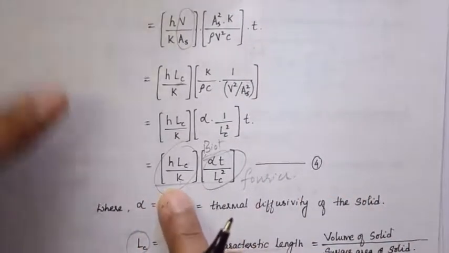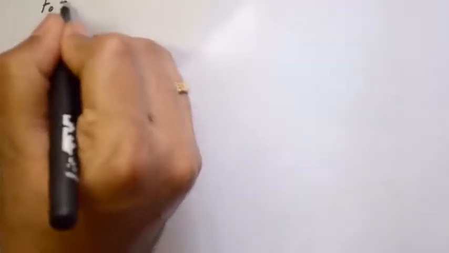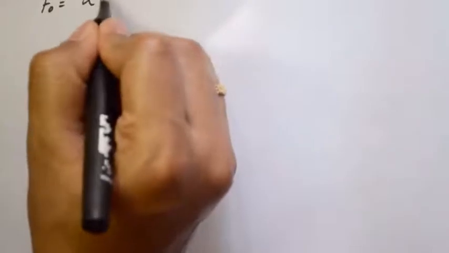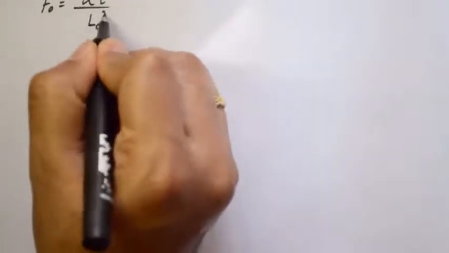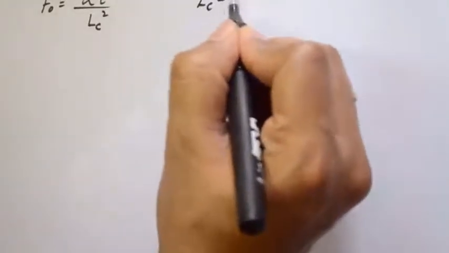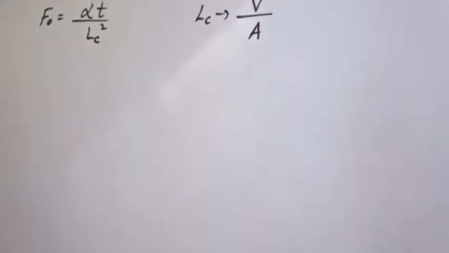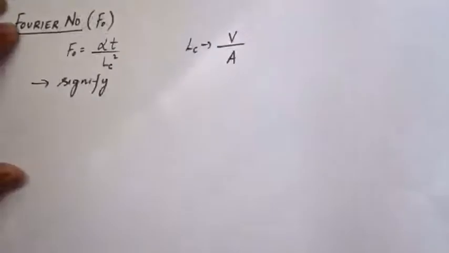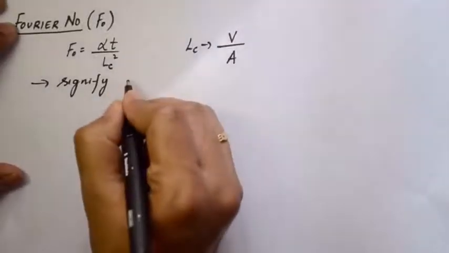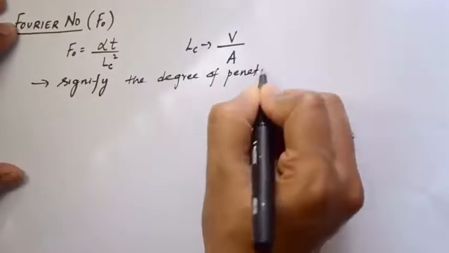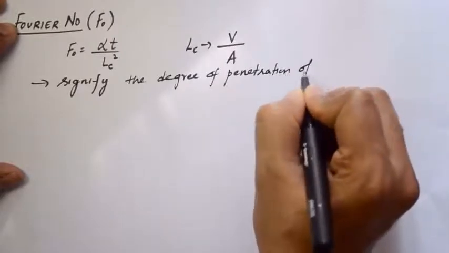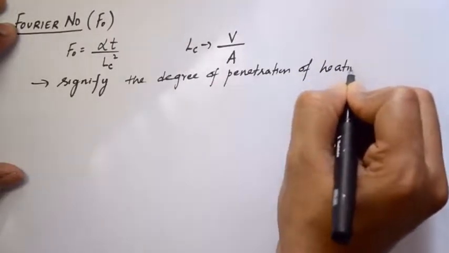So what is this Fourier number? This Fourier number is given by the formula alpha t by Lc square. So Lc, as we discussed in Biot number also, is simply the ratio of volume of solid by the area of the solid. Fourier number is going to signify the degree of penetration of heating or cooling effect.